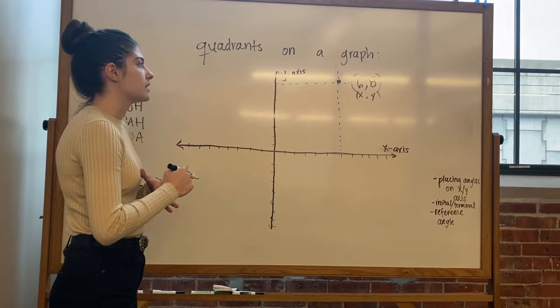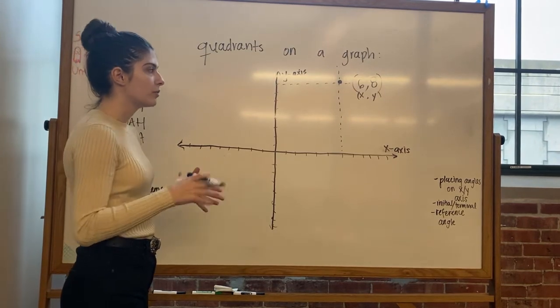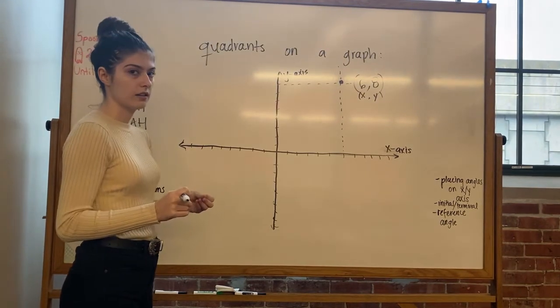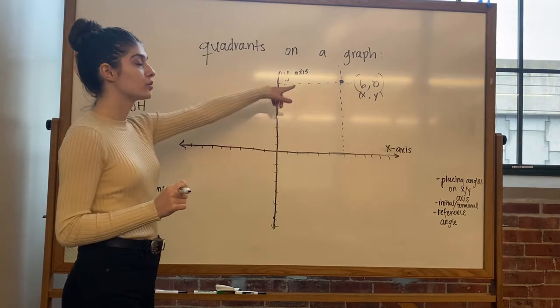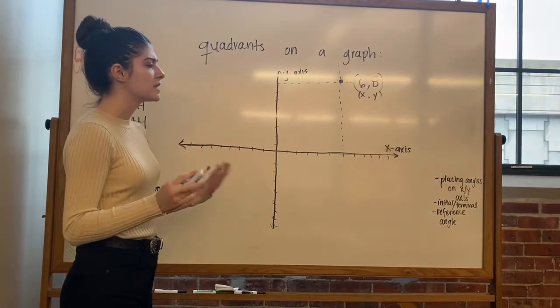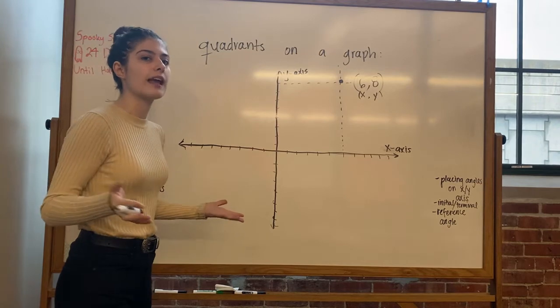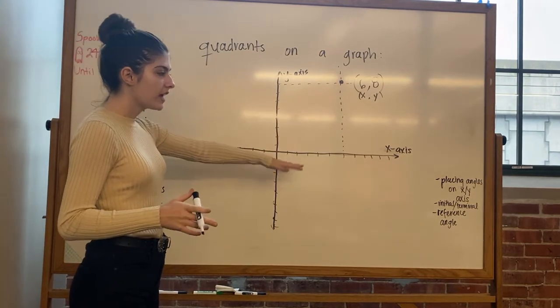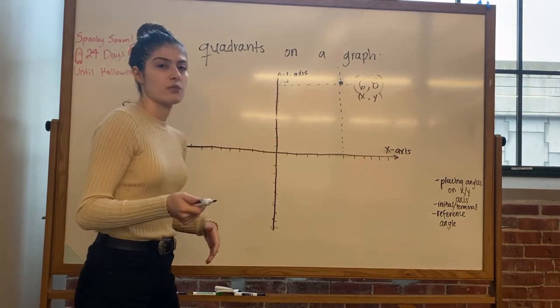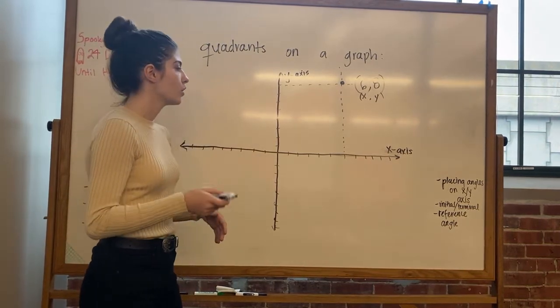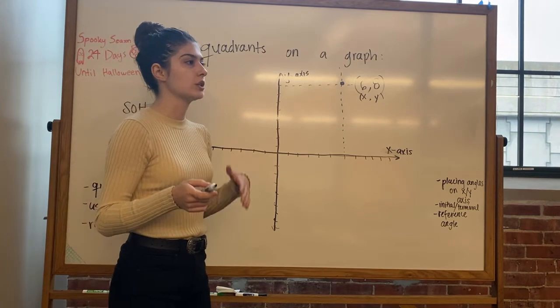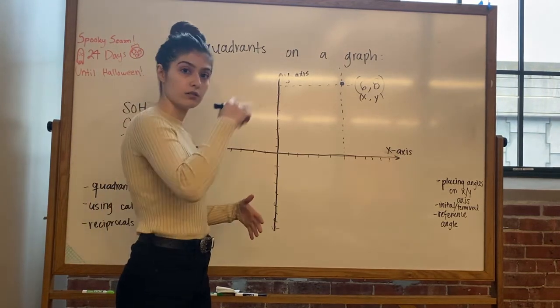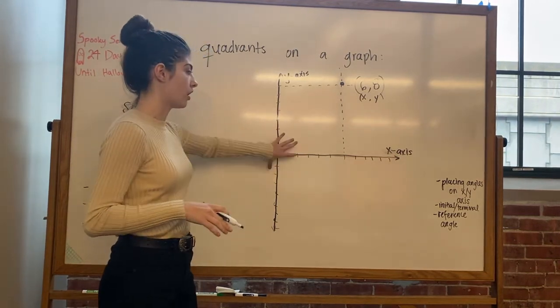Now, let's say they tell us that the terminal side of our angle goes through that point. Well, what does that mean? Why are we suddenly having angles on this graph? I thought we just had x and y. Well, just like yesterday when we went over coterminal angles, we know that we can place a circle of 360 degrees on a graph.